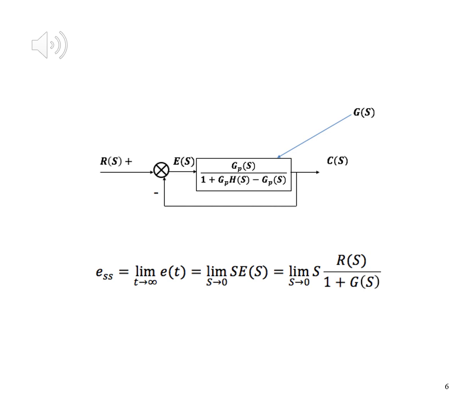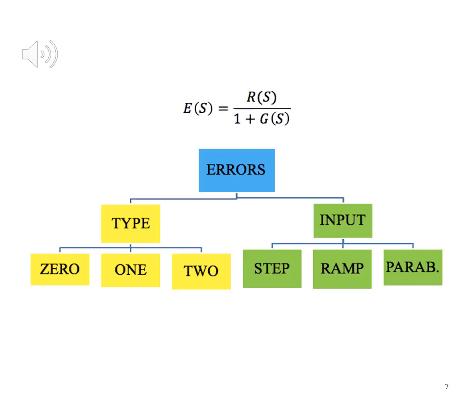Okay? Let's go to slide number 7. Now we have derived the error of any closed loop system to be the input, R of S, over the loop. This equation you have in front of you is for a unity feedback.